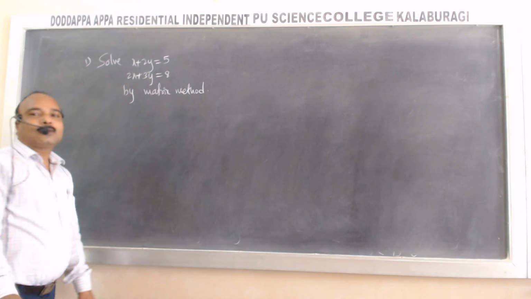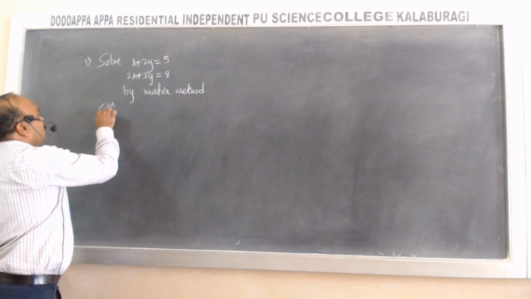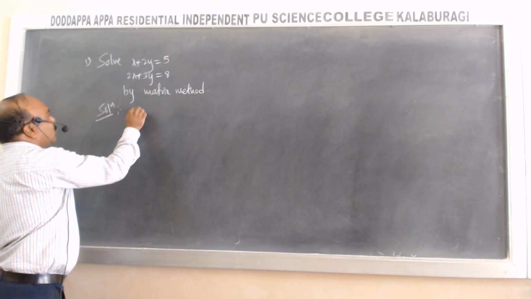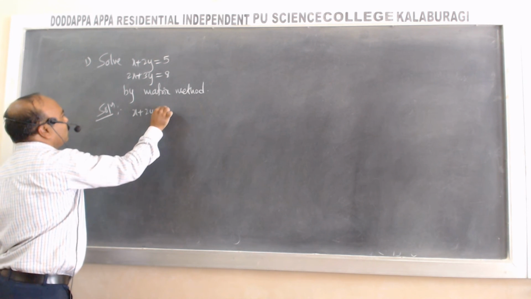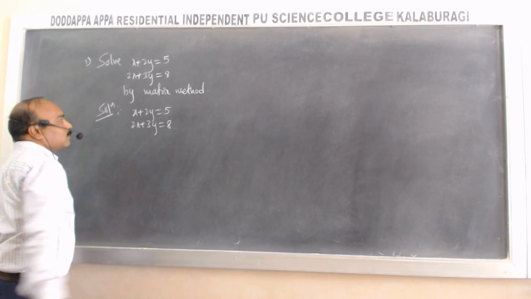Now we can solve these two equations by using the matrix method. First we write the equations x plus 2y equal to 5 and 2x plus 3y equal to 8.